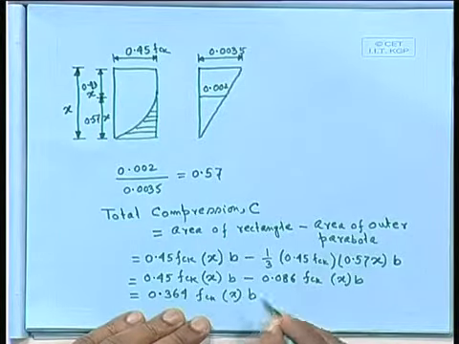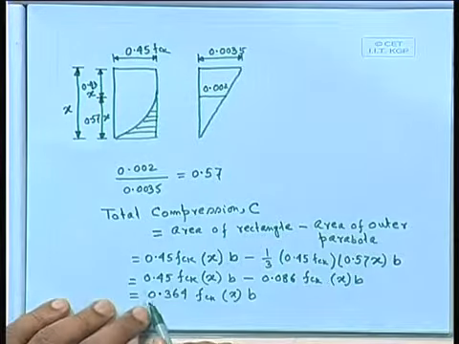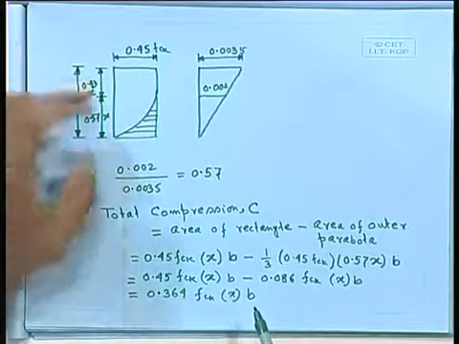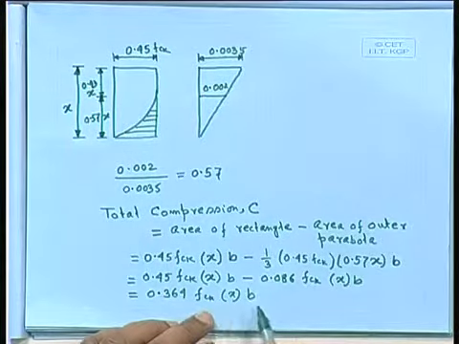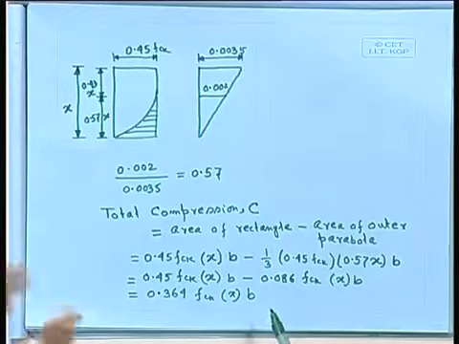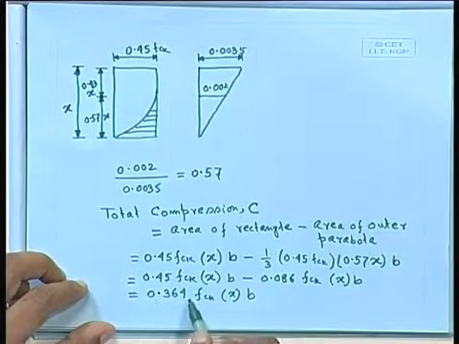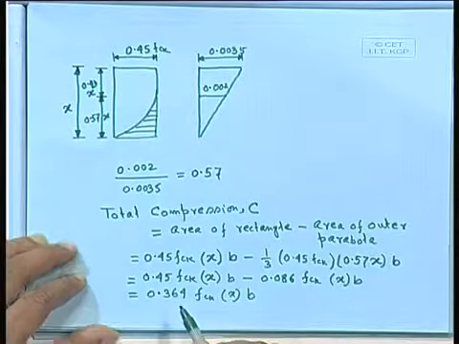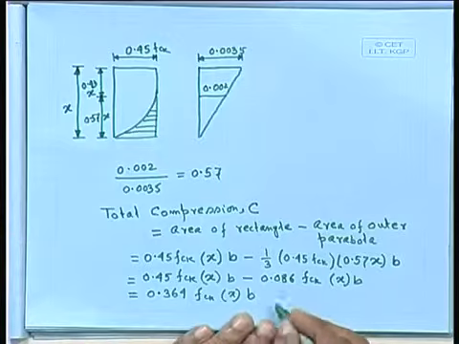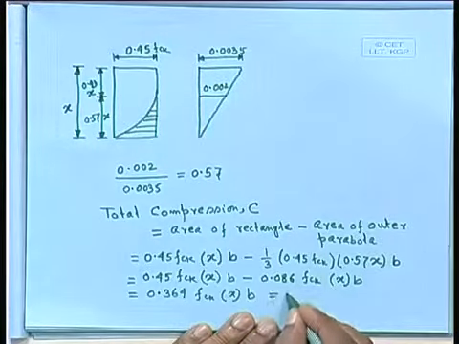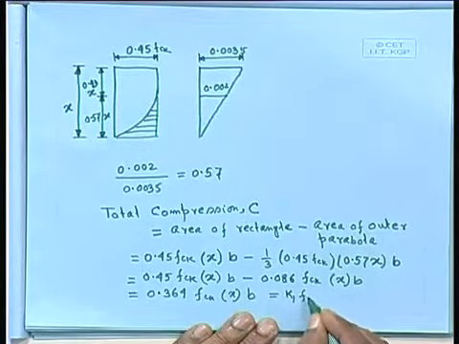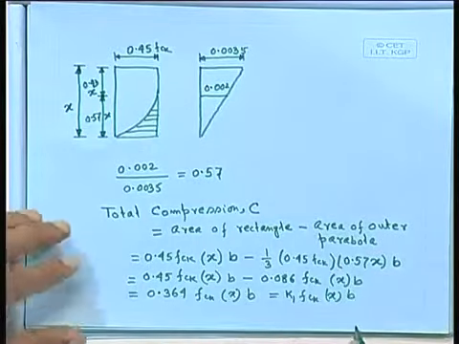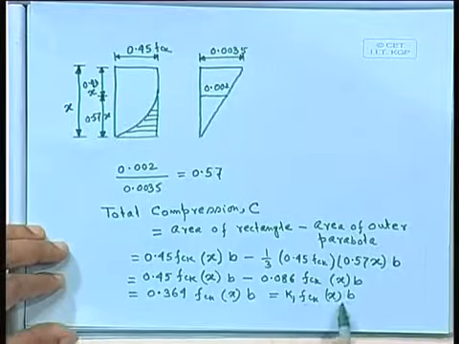x b. We take this 0.364 fck x b, x is the depth of the neutral axis, fck the characteristic strength, b the width of the beam. This 0.364 we can take as one factor, that K1, equal to K1 fck x b. This is one factor generally considered.